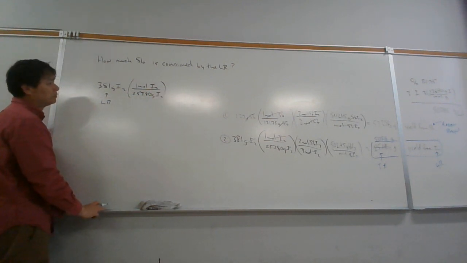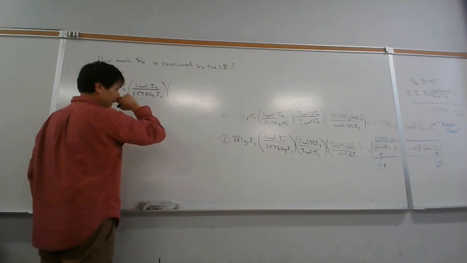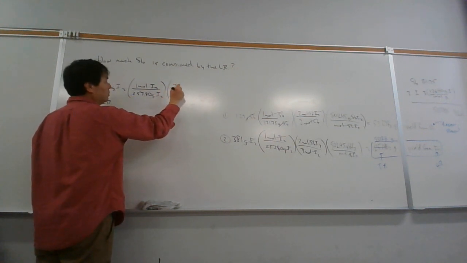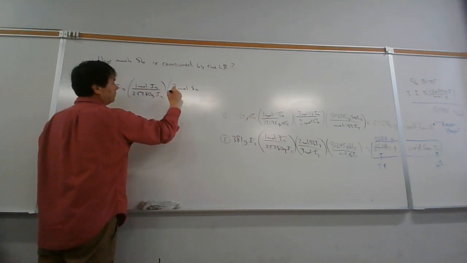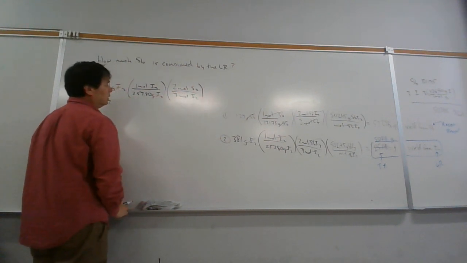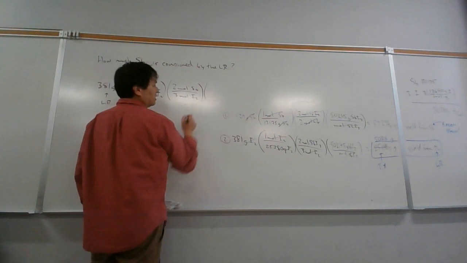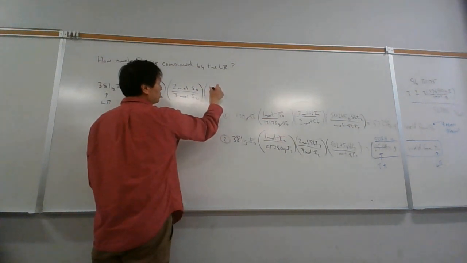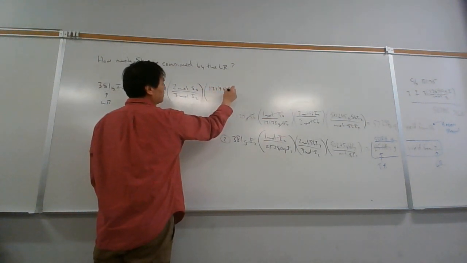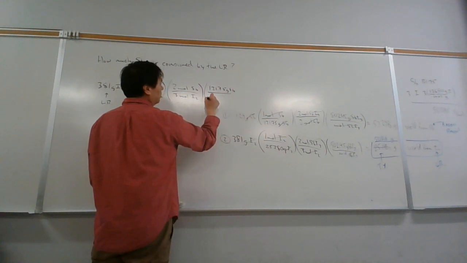And then we go to moles of SB: 2 moles of SB for every 3 moles of I2. And then we go to grams of SB, which was 121.75 grams of SB per mole of SB.